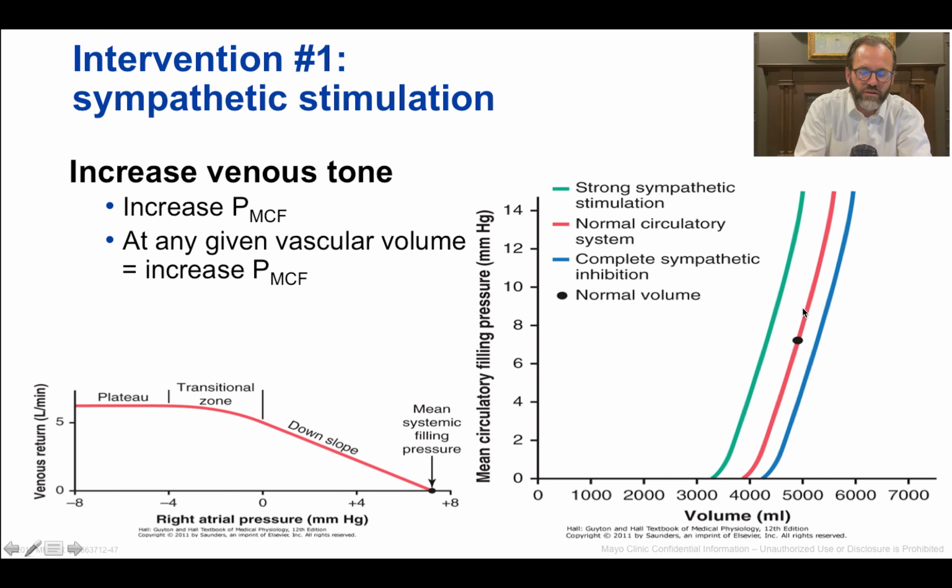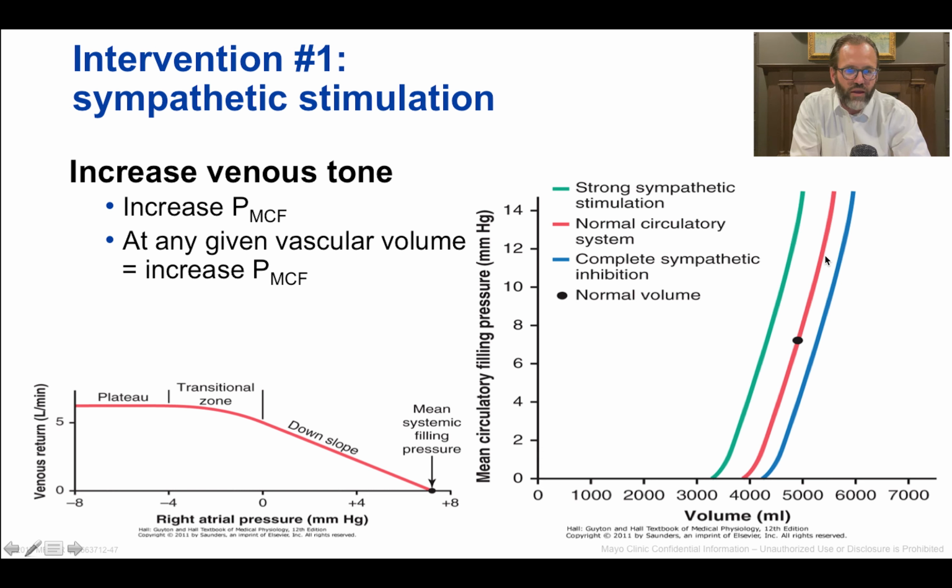Of course, those are consistent with the capacitance storage function of the venous system, and you will have some pressure stored there, but this is relatively, in the grand scheme of things, relatively low. But this is just normal operating volume. If you reduce the volume a little bit, you're going to reduce mean circulatory filling pressure. If you increase the volume a bit, you're going to have an increase in mean circulatory filling pressure.